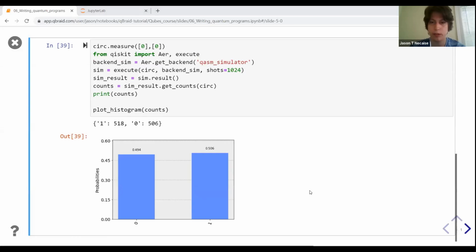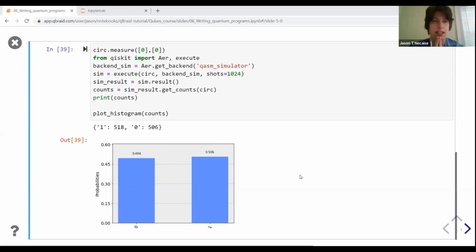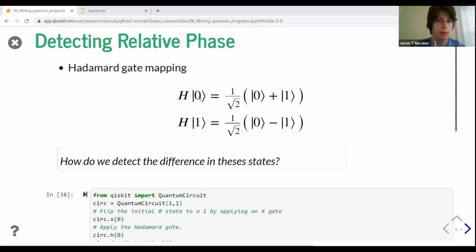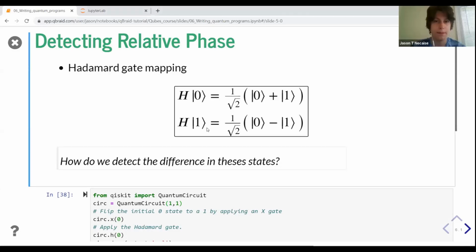Sorry, Lorraine, what? I'm sorry, I can't type fast enough. Were you saying that if we apply a 0 to the Hadamard gate, we get a different output than if we apply a 1? I'm saying that we get different physical states, yes. So the Hadamard gate transforms a qubit which is in the 0 state into an equal superposition with a plus sign. Right, and this is the same operation, but it transforms 1 state qubits differently.